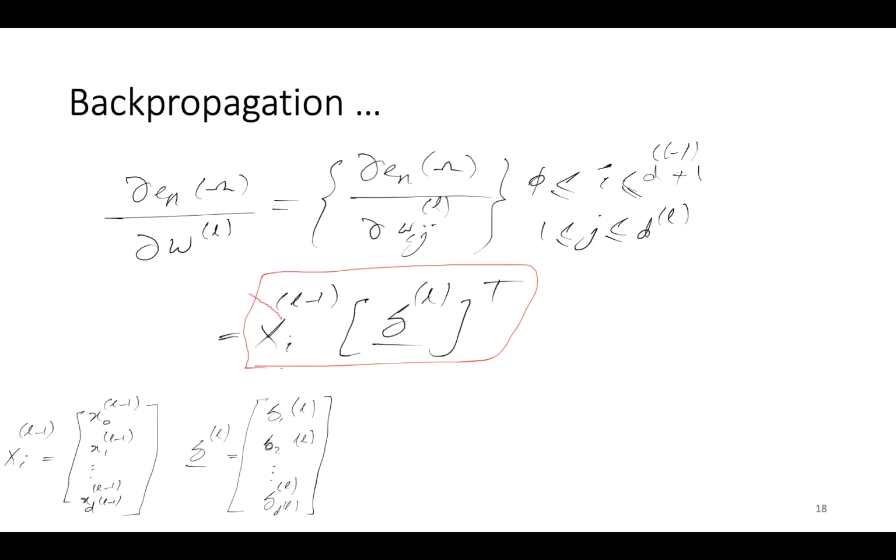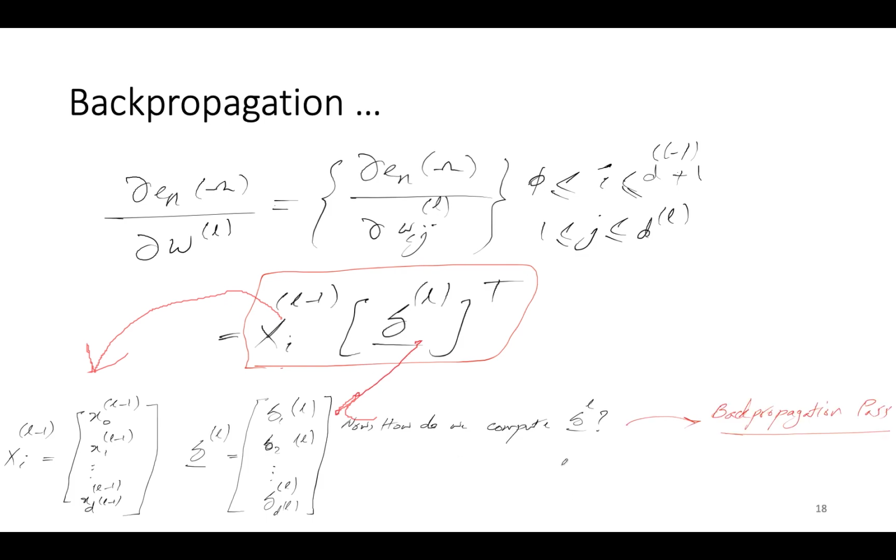This vector would be x_0 of L minus 1 up to x_d of L minus 1, and this vector would be this. So up until this point, we have everything available except the delta itself, right? Because we already had the previous layer's input.